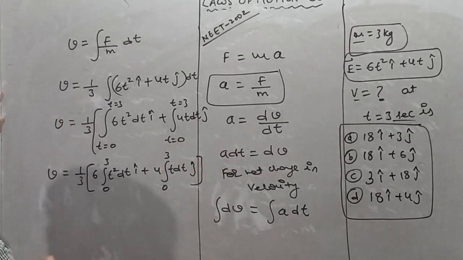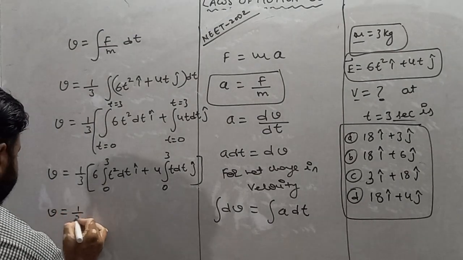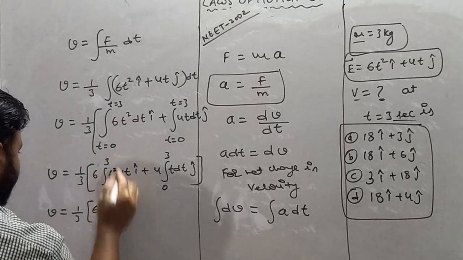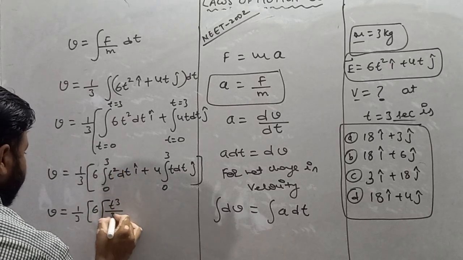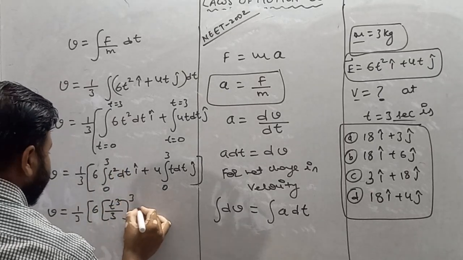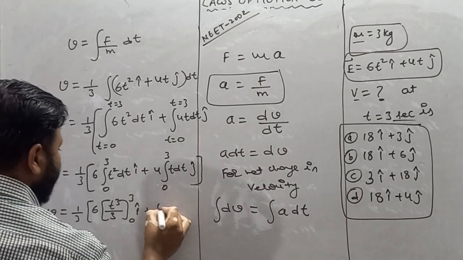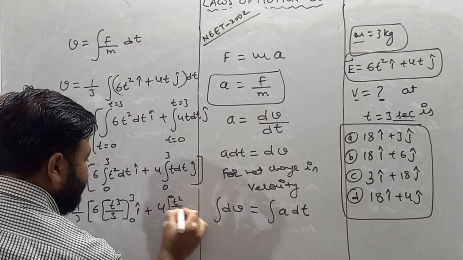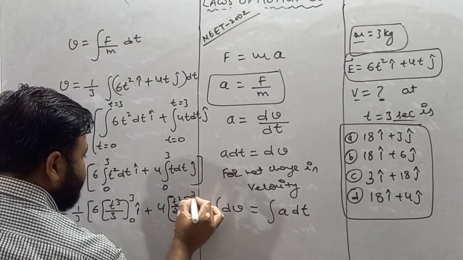Now we have to integrate it. So velocity equals 1 by 3, and here 6 t square dt gives t raised to power 3 by 3, 0 to 3, i cap, plus 4 comes outside, t dt. Integration of t dt is nothing but t square by 2, limit 0 to 3.